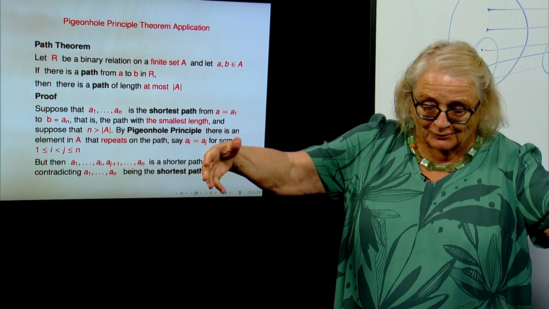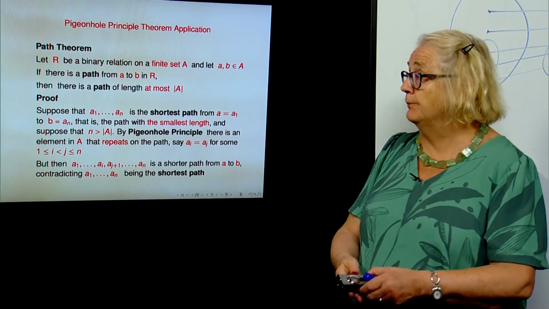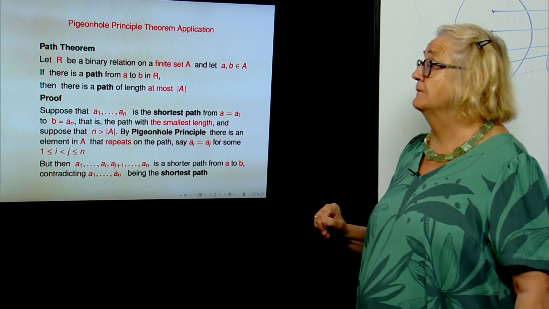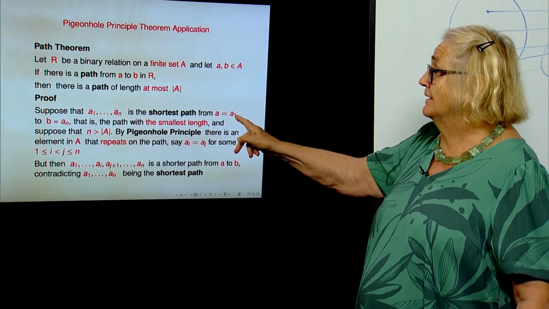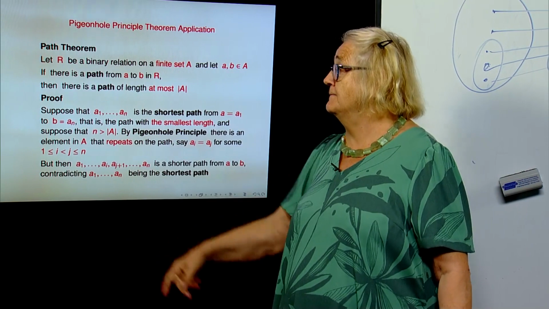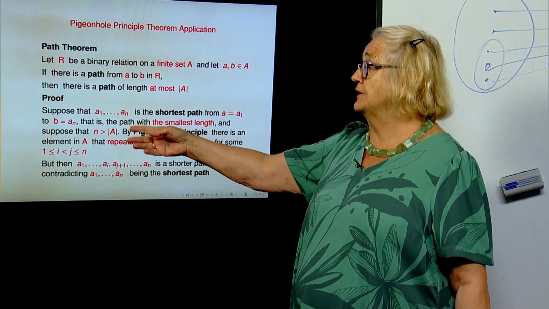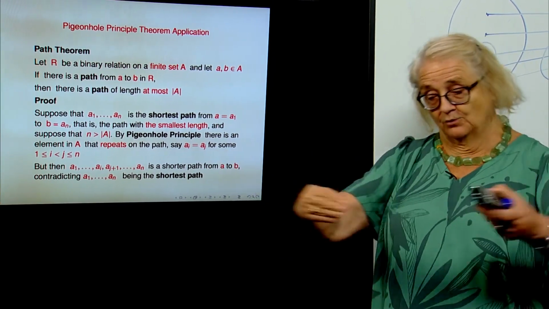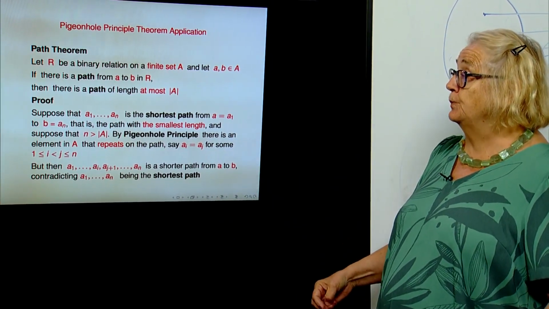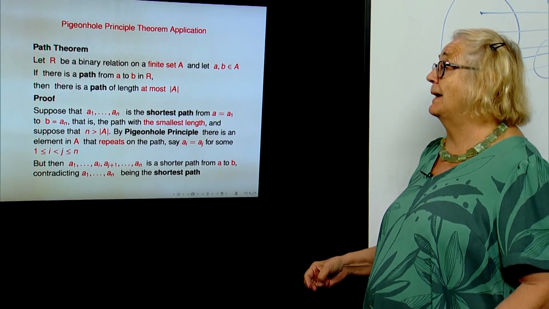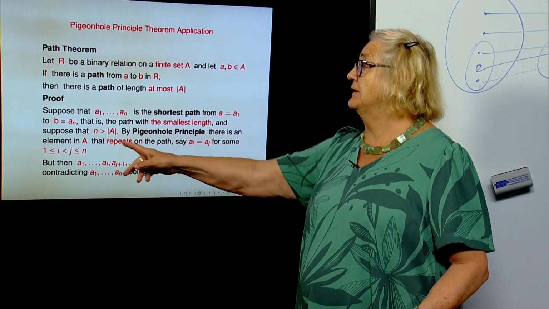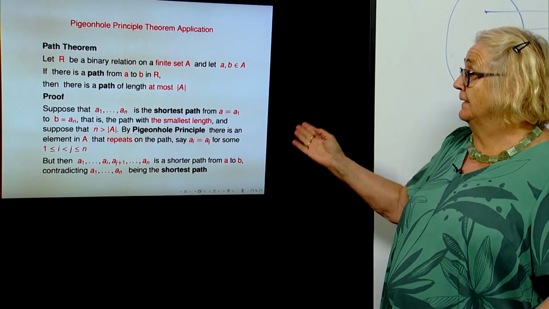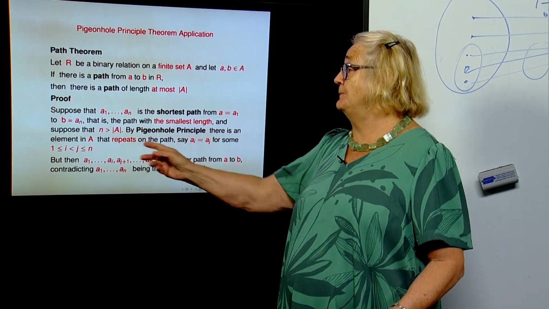Looks pretty obvious, but you need to have a proper proof. And how do you prove it? Suppose that we have a shortest path from A1 to AN, the path of the smallest length. We have n elements. And suppose that for that shortest path, n is greater than the cardinality of A. By the pigeonhole principle, there is an element that repeats in the path.